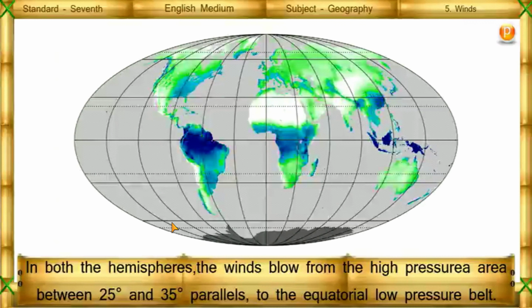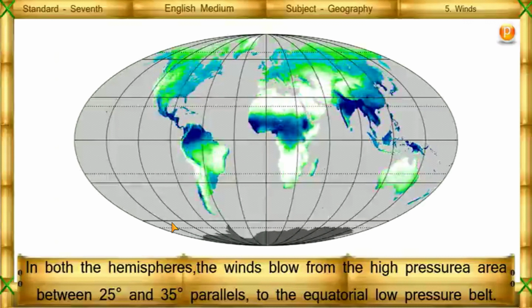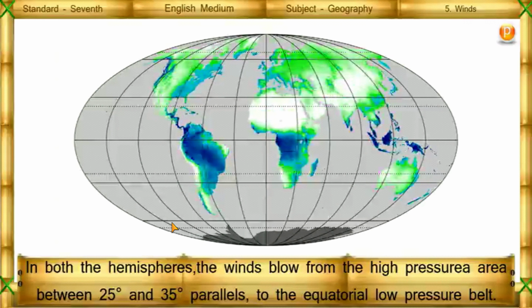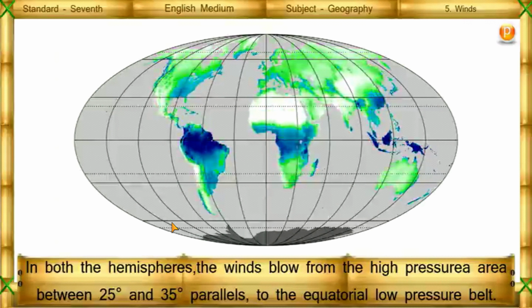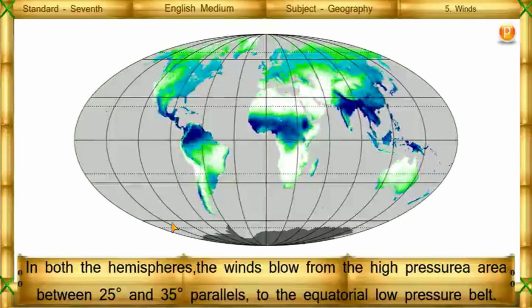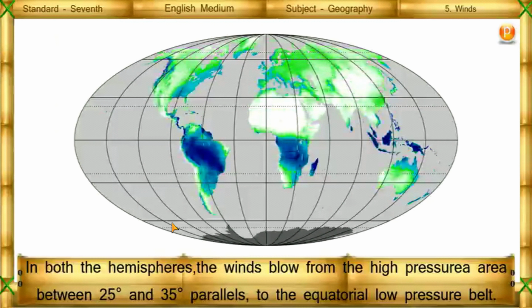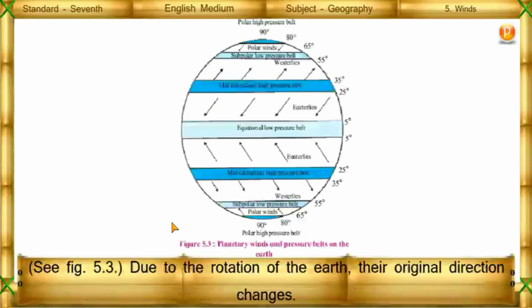In both the hemispheres, the winds blow from the high pressure area between 25 degrees and 35 degrees parallels to the equatorial low pressure belt. See figure 5.3. Due to the rotation of the Earth, their original direction changes.